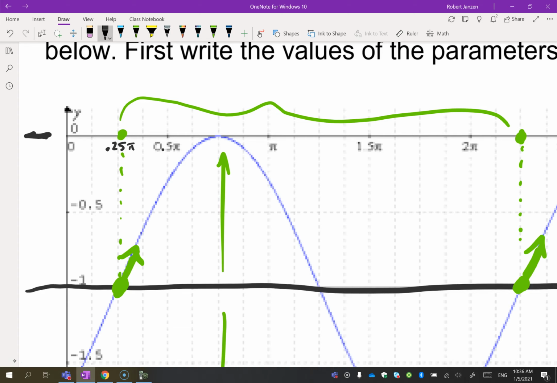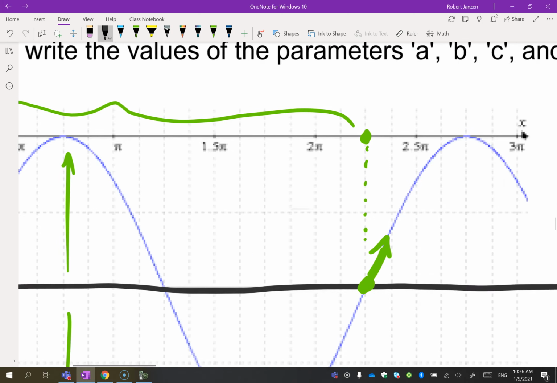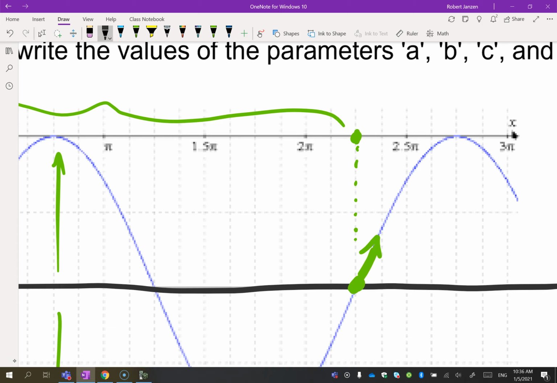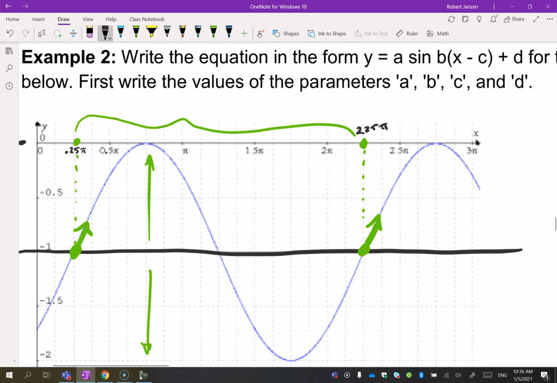Okay, because you can see that these increments go up by the same amount. Okay, and then what would this be? This looks like 2.25 pi. Okay, so 0.25 pi to 2.25 pi, this is 2 pi.